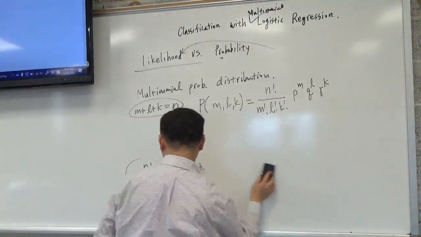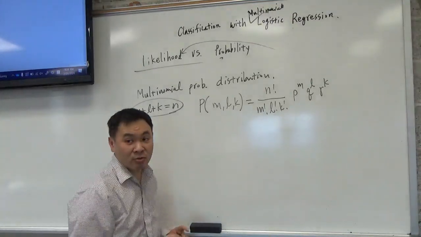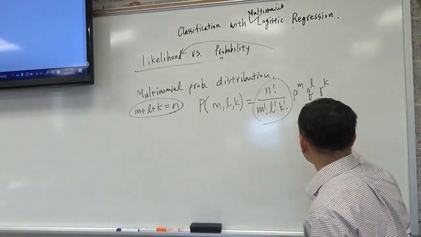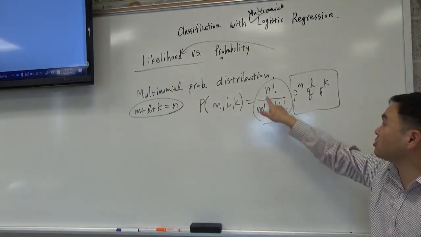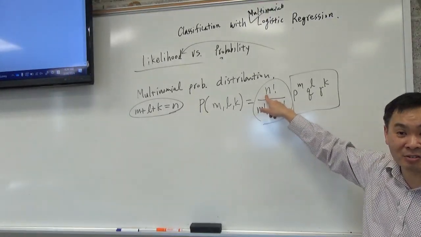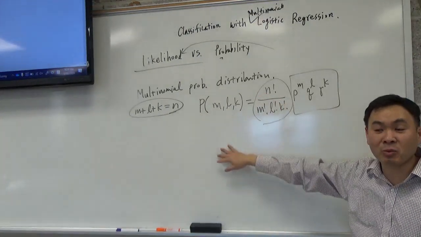Now, we make a few modifications here. This is just a constant, so you can just maximize this one. Usually, when you're given an outcome, you know the n, so that's not negotiable. Okay. So just remember what we did previously.